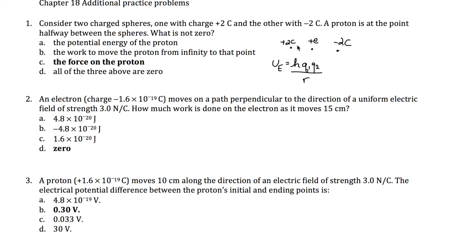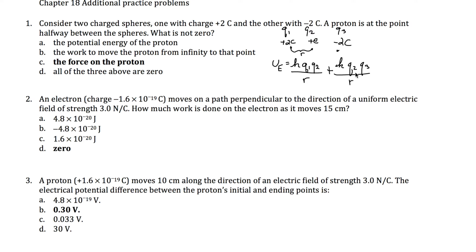If you were to call this Q1, Q2, and Q3, then the potential energy of the proton would be this one, and this would be R, plus the potential energy between these two. So that's the potential energy of this one because it has potential energy due to both charges.